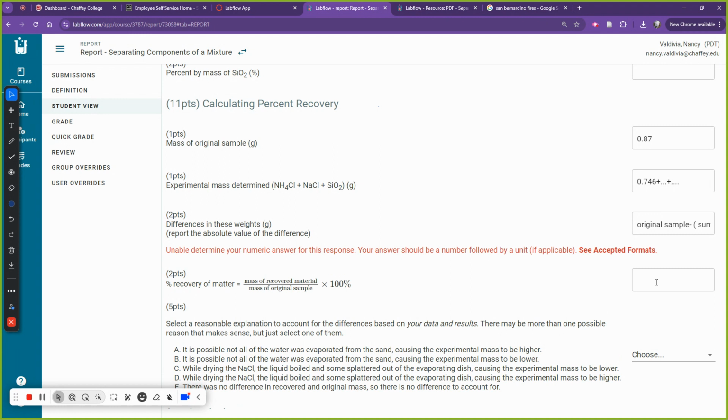And this one right here is going to be the mass of the recovered, so this is the sum of all the substances in the mixture. Those are all the parts divided by the original mass, and then you multiply whatever you get by 100.